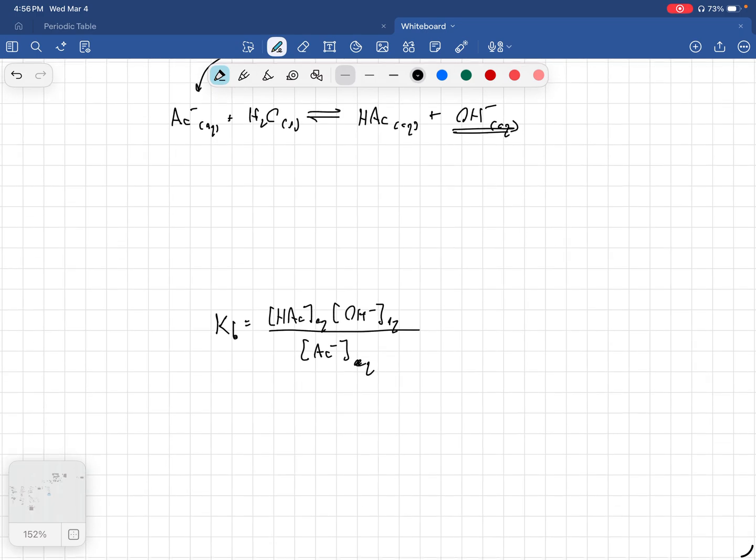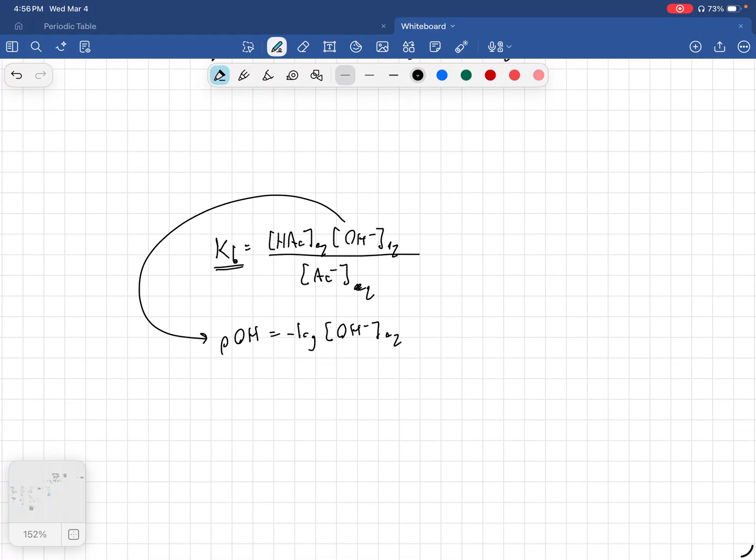First of all, we need to know what Kb is to do this problem, and our OH minus concentration will help us find pOH, but that's not what our problem asked for.